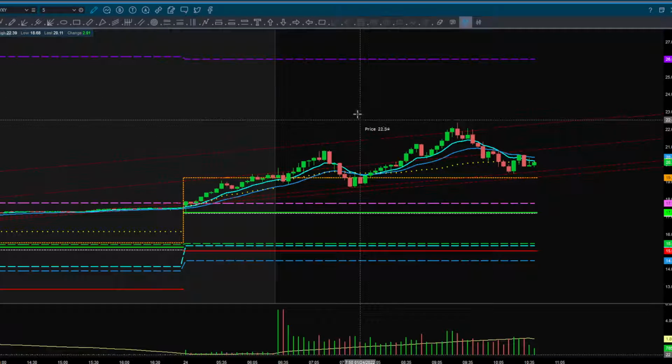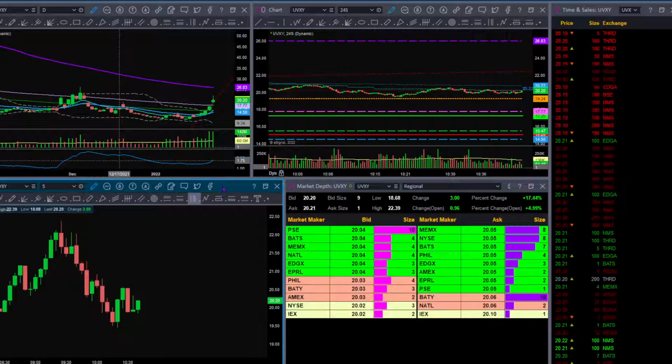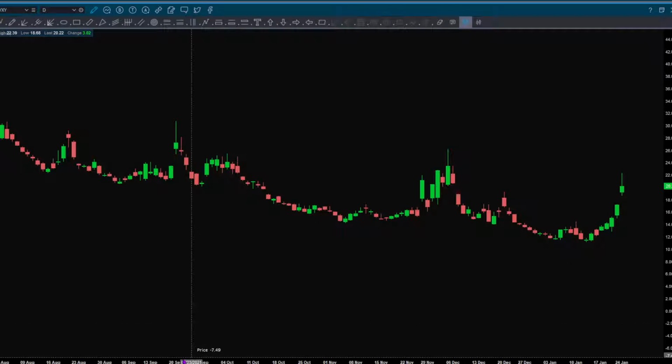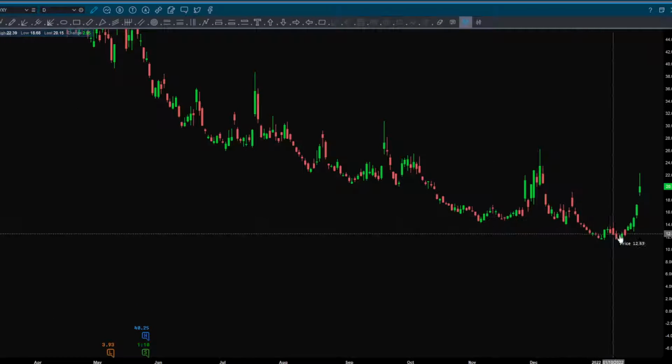Another thing that you want to look at, let me just get rid of these, is the daily chart on volatility. Every time there's a bit of panic, you see these spikes here.